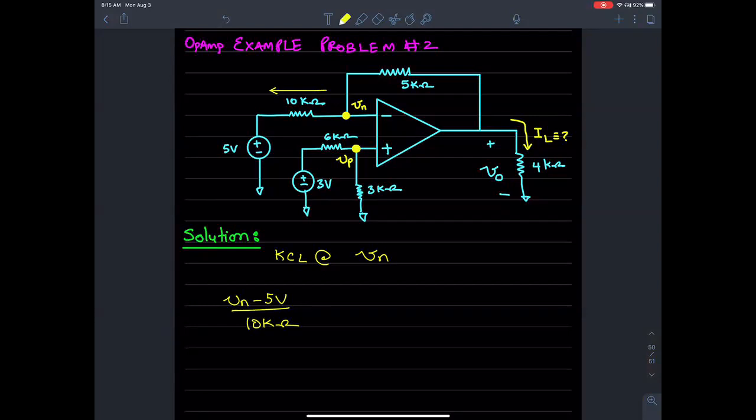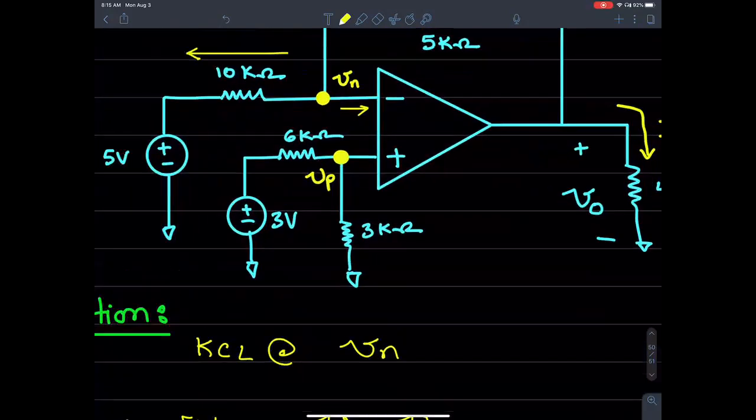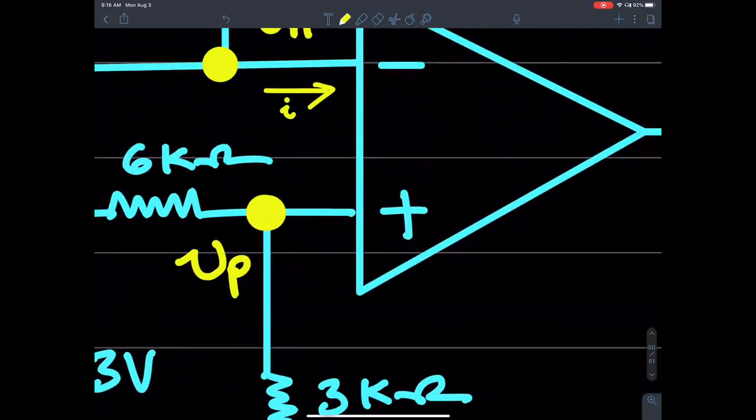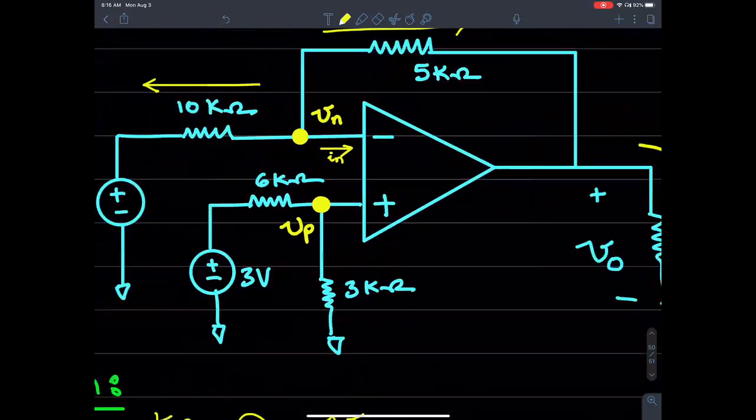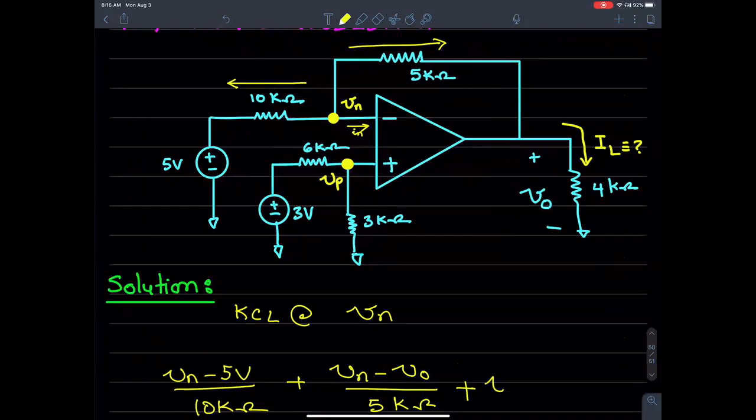And then if we go in the upper branch, you would have Vn minus V naught over 5 kilo ohms. And then the last current to the right is the current going into the inverting input, which we know will go to 0.